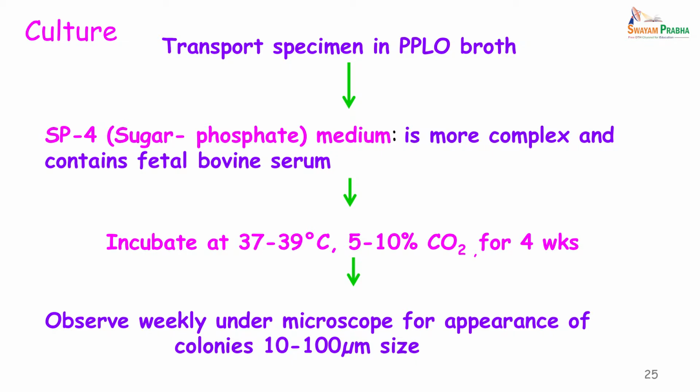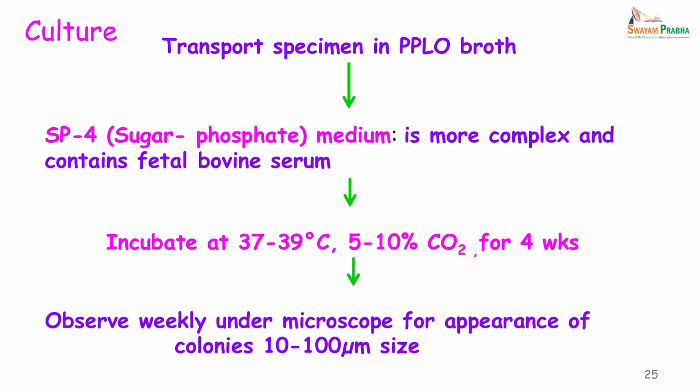Transport of the respiratory secretions is done in PPLO broth. This is then inoculated in PPLO agar, to which yeast and horse serum has been added. Horse serum is a source of sterols and cholesterol, which facilitates the growth of the organism, and penicillin and thallium acetate are selective agents.